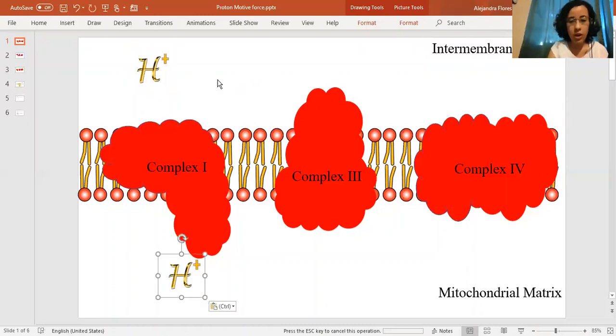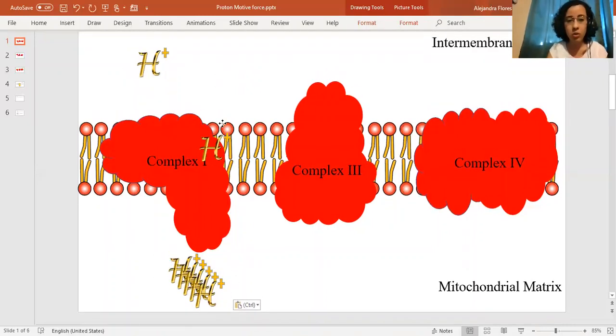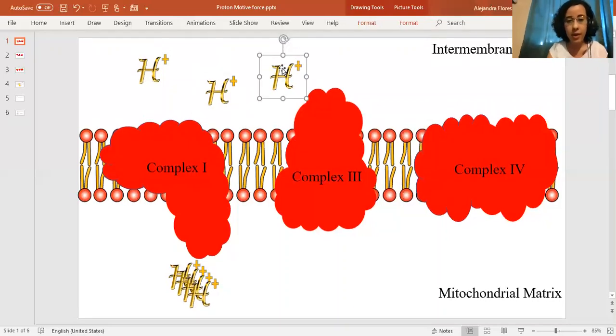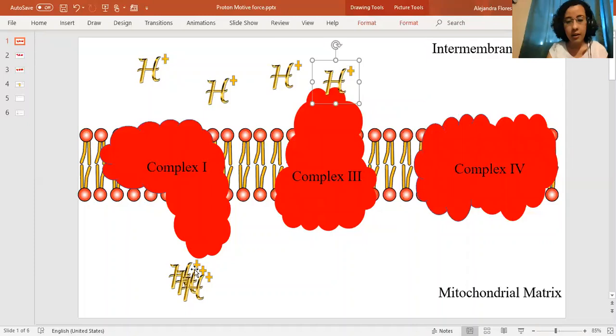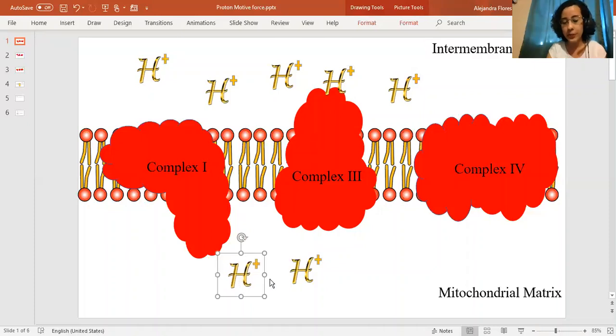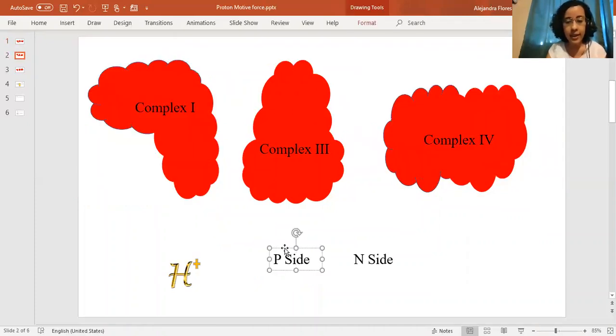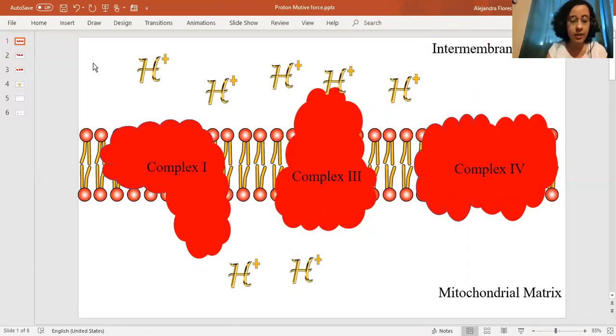So you're gonna have a bunch of protons on this side, many of them. I'm gonna leave a few in the mitochondrial matrix. Okay, so you see, we have a significant number now of protons in the intermembrane space. This is gonna make the intermembrane space the p side. What does p mean? Here it means positive.